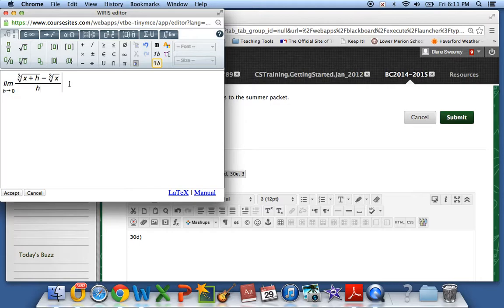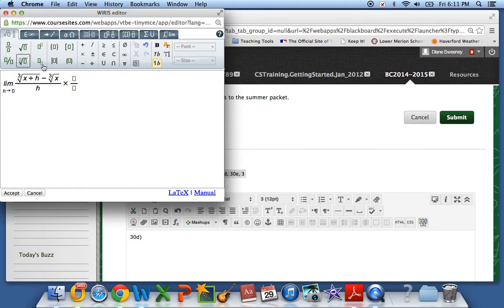Obviously, we need to do a little bit of work here. We have the difference of two cube roots. We need to get rid of those. So we all know the only way to do that is to multiply by, not even the conjugate. You need to remember that formula for factoring perfect cubes.